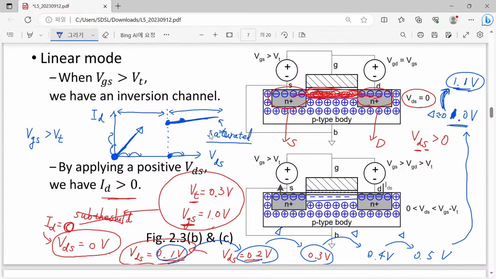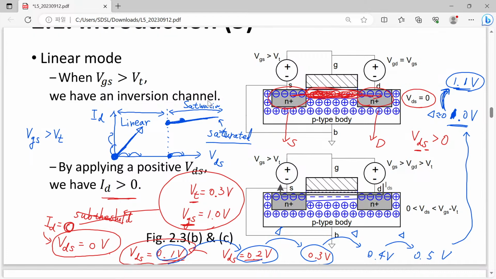That's the reason why this part is called linear region and this part is called saturation region, depending on the behavior of our drain current, because drain current is the current we will use to drive the next gate.